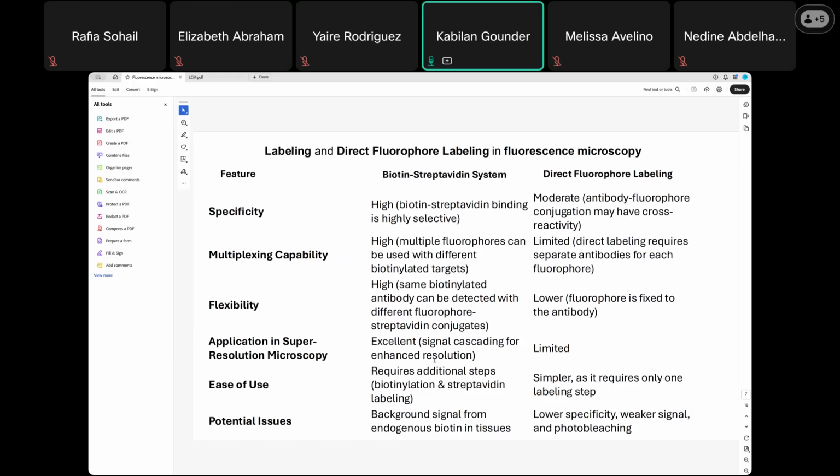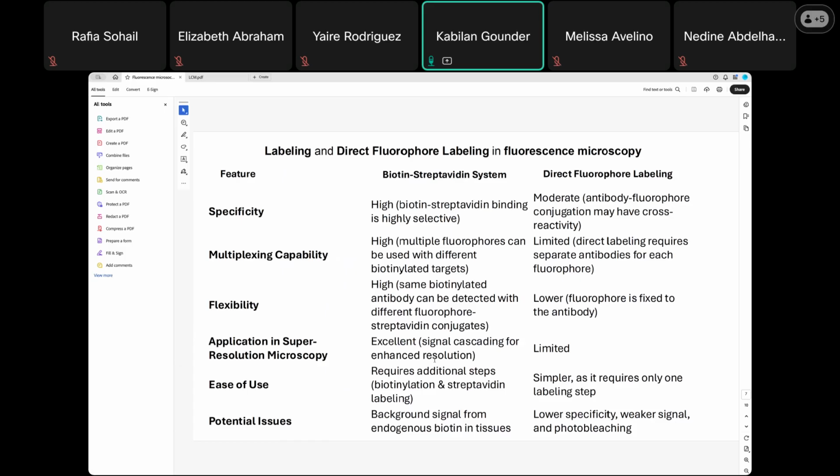Also, if you want to study more detail with high-resolution fluorescence microscopy, biotin is excellent compared to direct fluorescence. As for ease of use, the best to use is direct fluorophore labeling, whereas here it requires additional steps: biotinylation and streptavidin labeling.